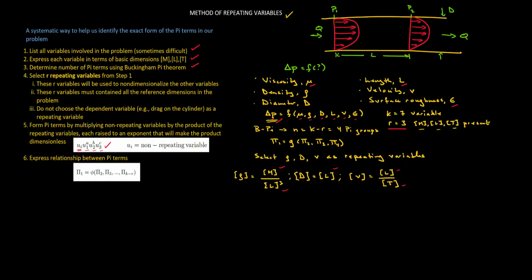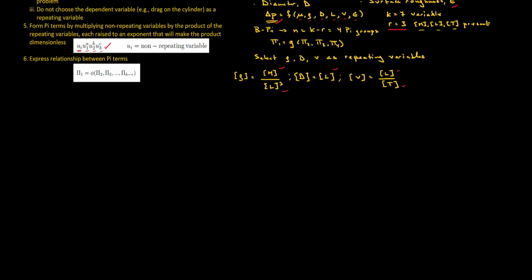Okay, so let's see how we're going to form our pi groups. So let's non-dimensionalize mu. So what we're going to do, we're going to say that pi 1 is the viscosity mu multiplied by our repeating variables.